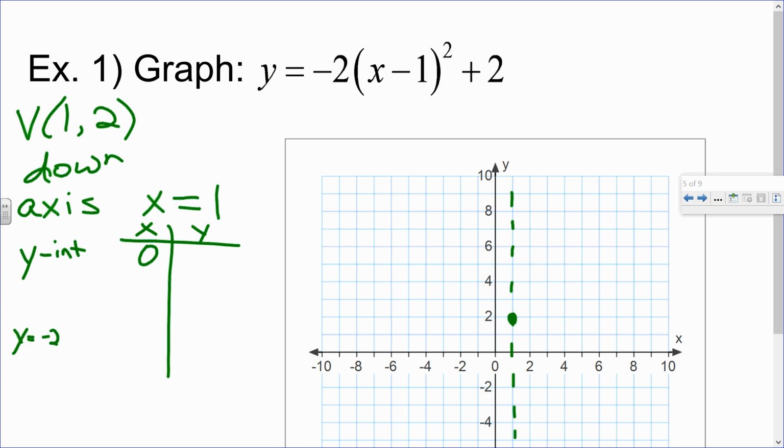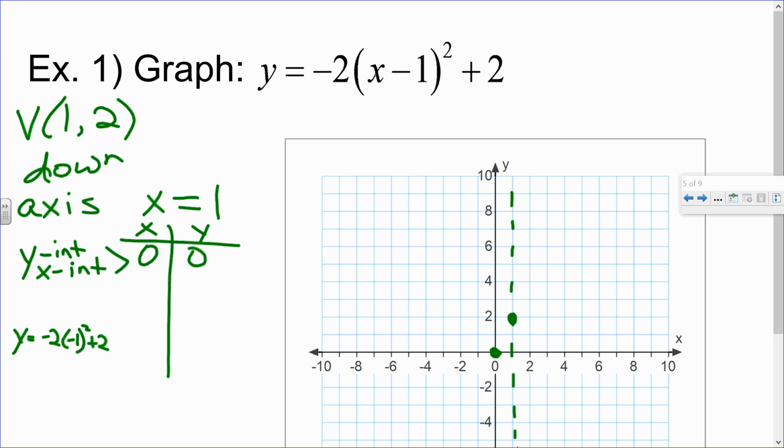Y is -2 times (0 minus 1), which is -1, and I need to square that. And then add 2. What am I going to get? Oh, nice. So (0, 0) for my y-intercept. Okay, tell me an x-intercept. I'll do another bit of work for this particular one. That's also an x-intercept, isn't it? So we could label that one as both the y-intercept and an x-intercept.